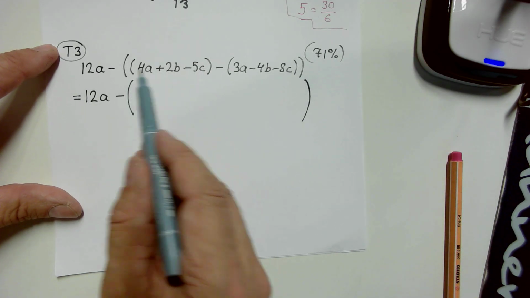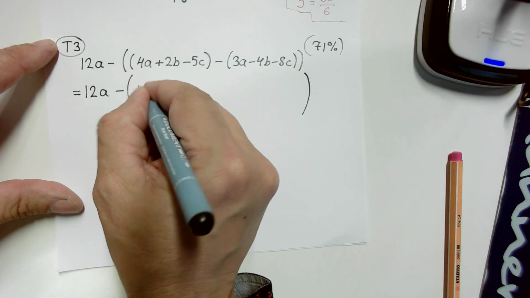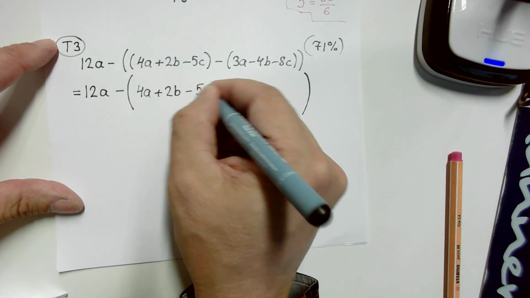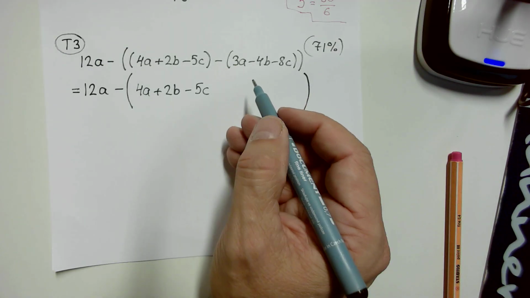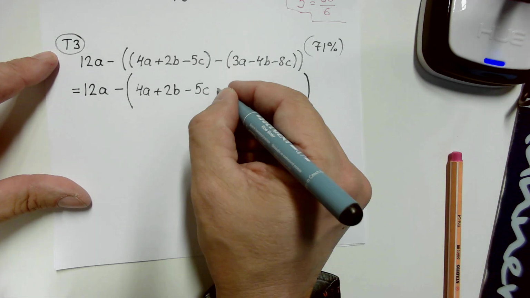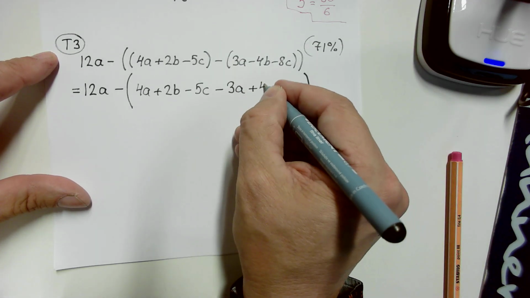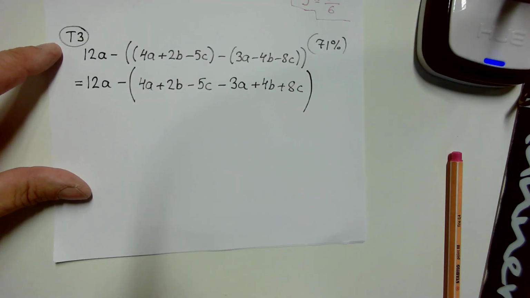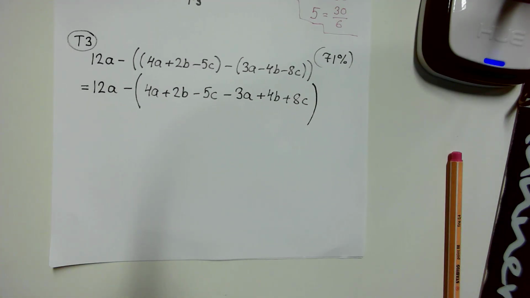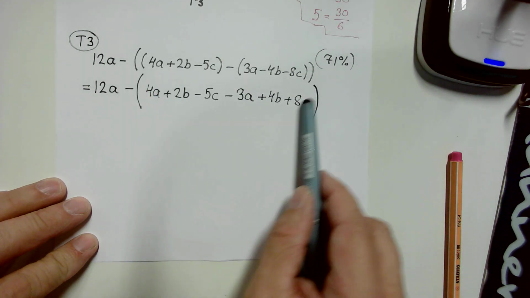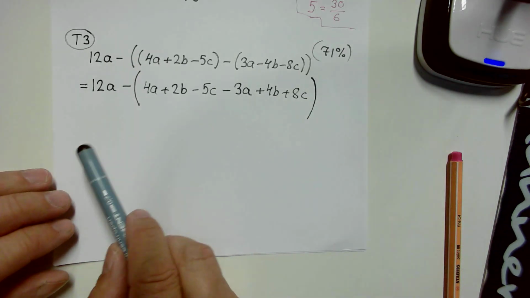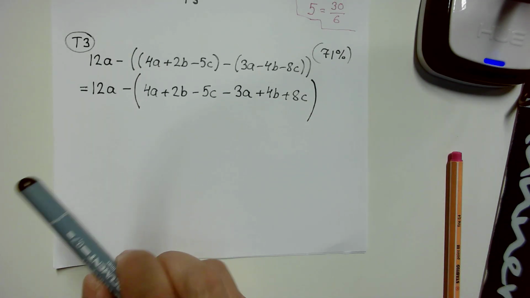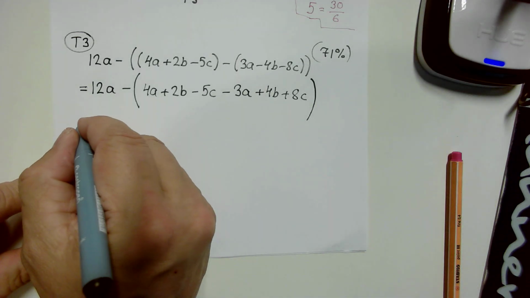So here we just take away those brackets, but here we change the signs, minus to plus and plus to minus. And after that we may simplify this expression here, but maybe it's easier to just take away these brackets at the next step. So I will do that first.